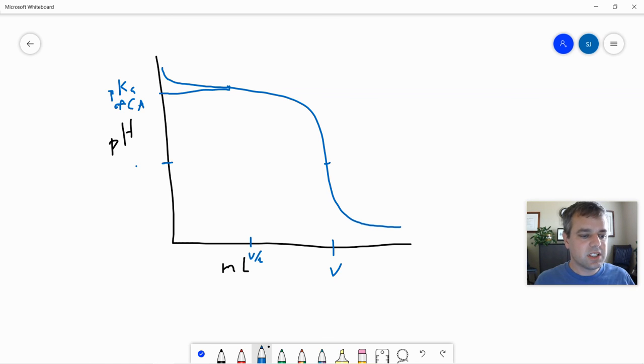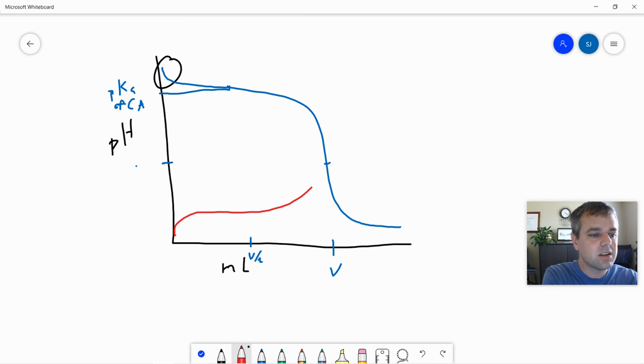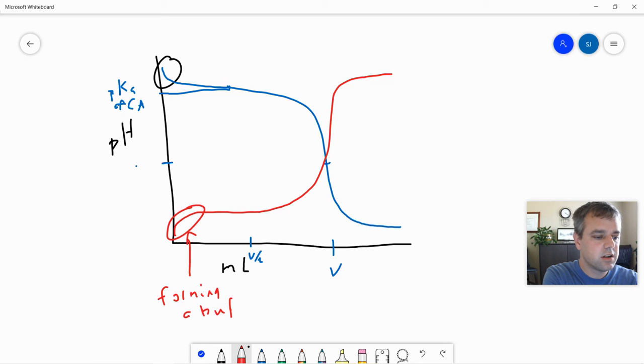Another interesting thing I want to point out is this little thing that happens right here at the beginning of that titration, or if you're working with a weak acid titration, this thing that happens right there. This is where you are forming a buffer.